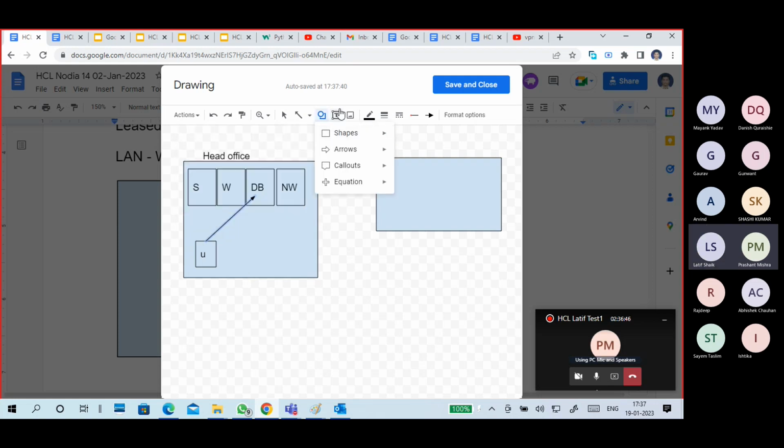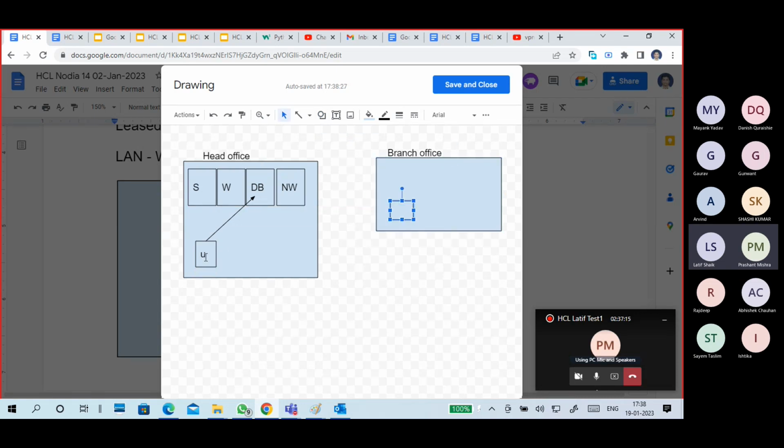The second one: think about how a system in your location accesses this. This is a branch office, for example, a big branch office or another corporate office. Here I have a user again.